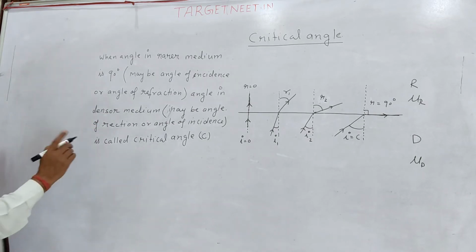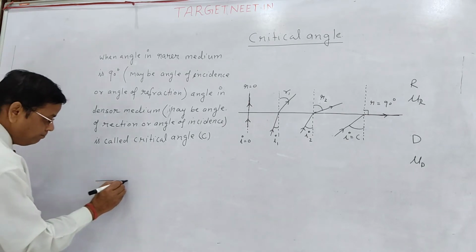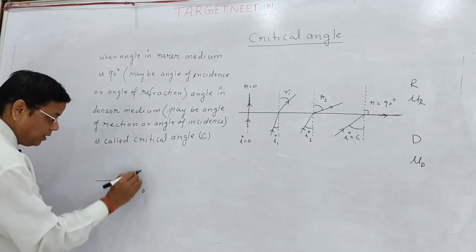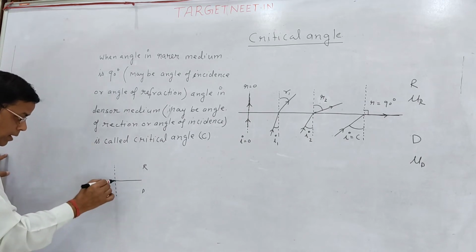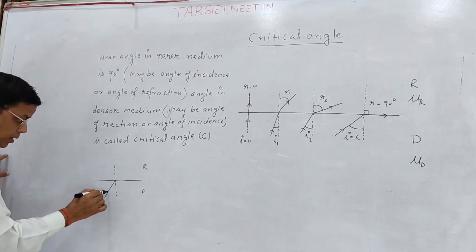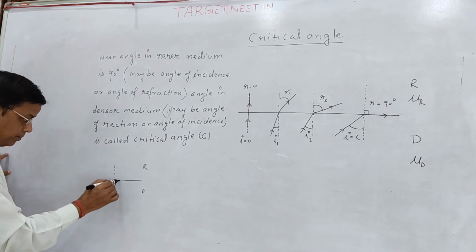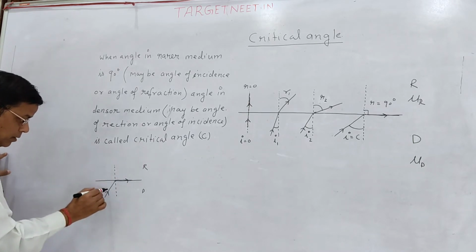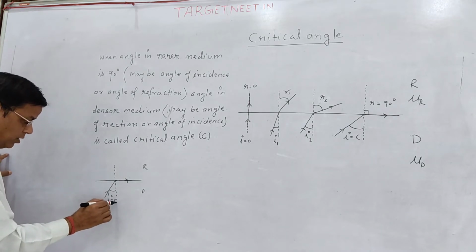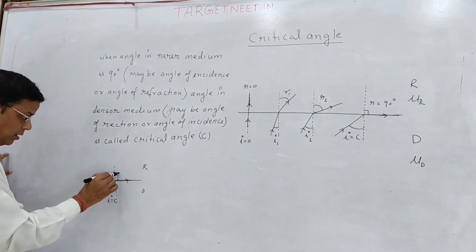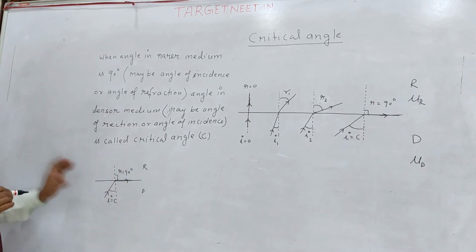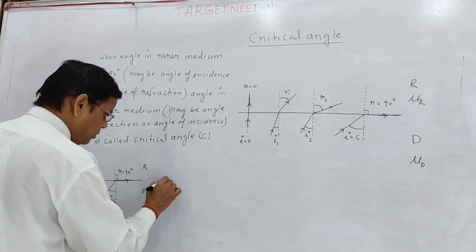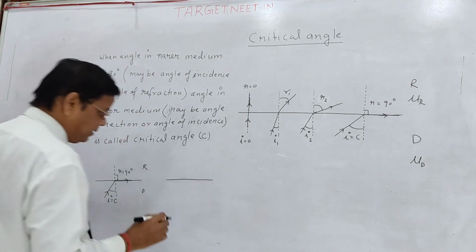So suppose this is denser medium and this is rarer medium, light is going from denser to rarer. Then this angle is the angle of incidence and that is called critical angle, and this angle is the angle of refraction and that is 90 degree. This can also be shown like this.